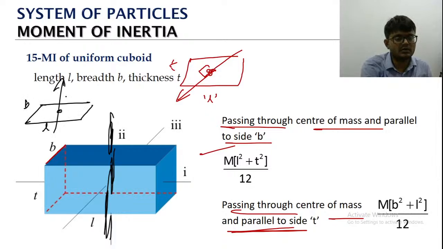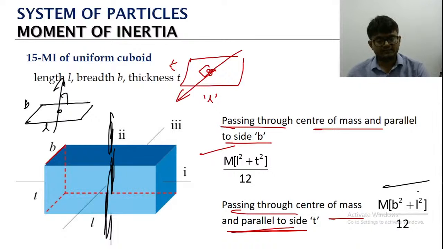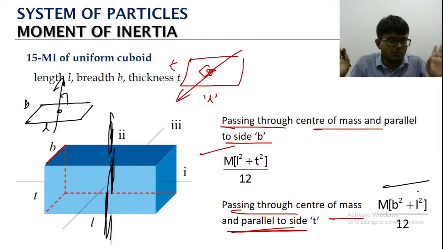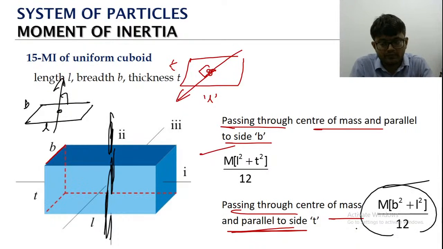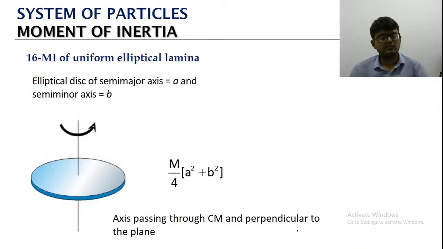The axis passes through the center of the sheet and is perpendicular to the plane of the sheet. What will be the formula? M into B square plus L square by 12. So whichever side the axis is parallel to, that side will not come in the formula. That's how easily you can remember it. So M into B square plus L square by 12 when the axis is parallel to side T passing through the center of mass, and vice versa. This is about the moment of inertia of the cuboid.